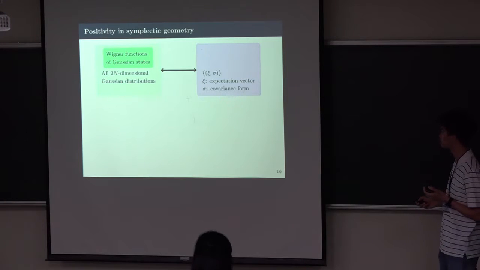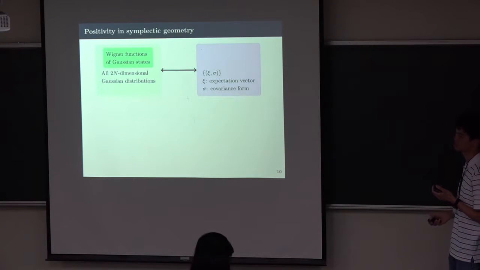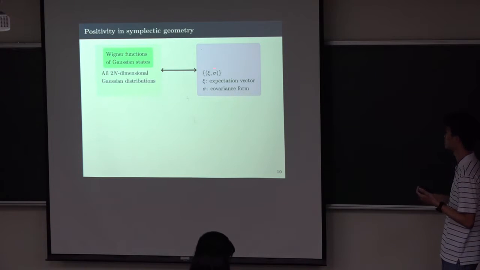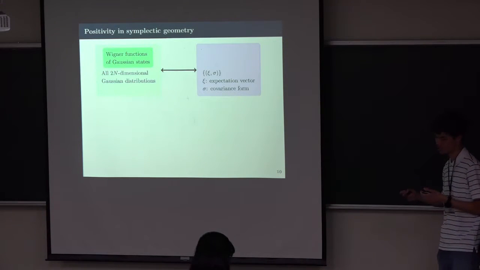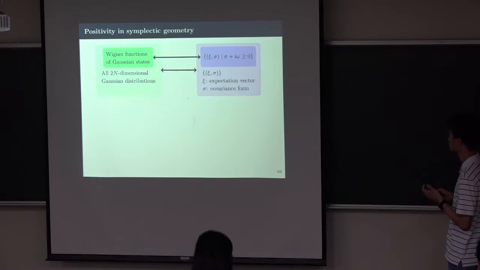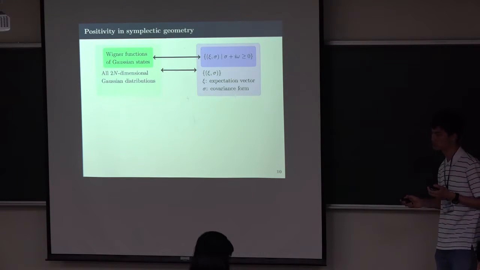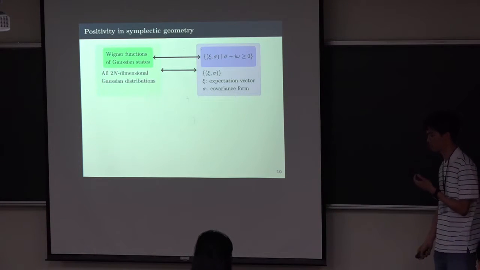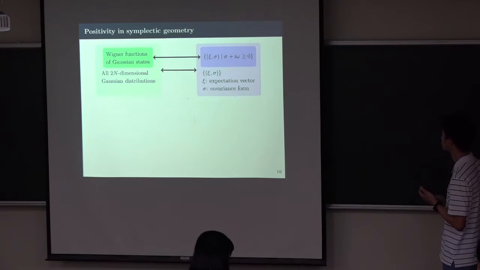These are geometric objects on phase space. So when we do some transformation on this side, they will transform in the usual way. Now the smaller subset here corresponds to just the usual validity condition of the covariance form. Note that this is a geometric condition.